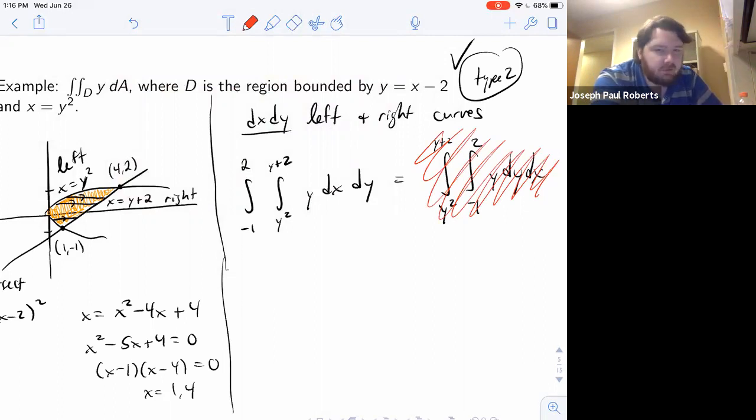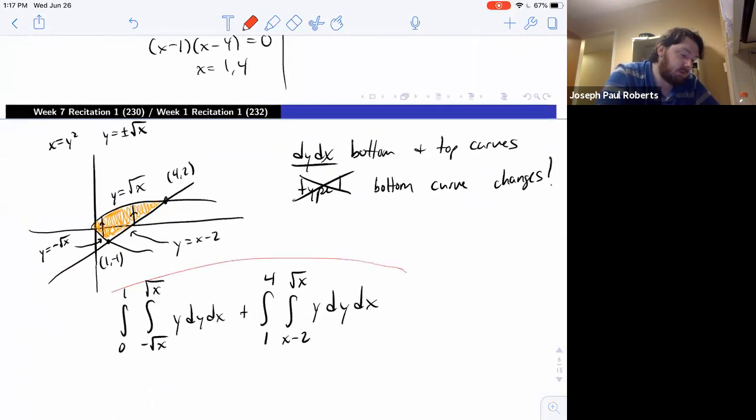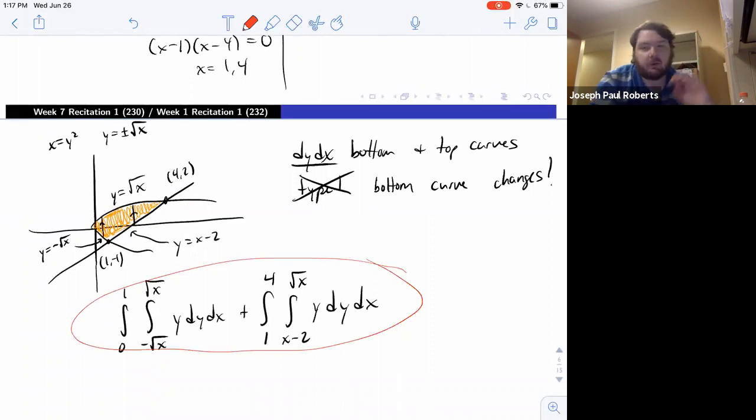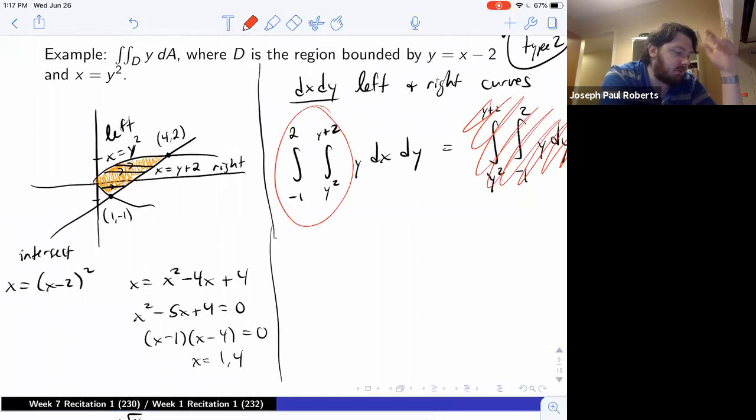And moreover, more complicated things can happen with non-rectangle regions, that you might have something that's, for example, type 2 but not type 1. That, okay, it turns out that this setup is equal to this. So how on earth are you going to figure that out just from looking at this? So it's really about getting the picture.